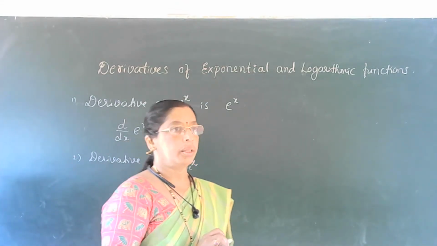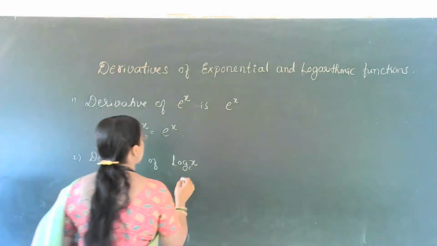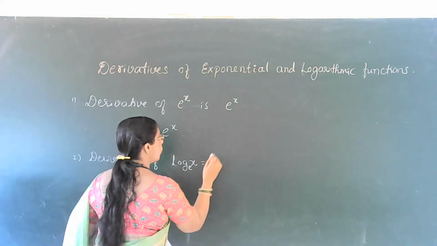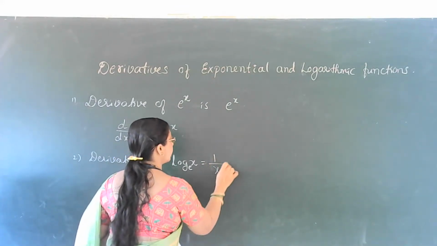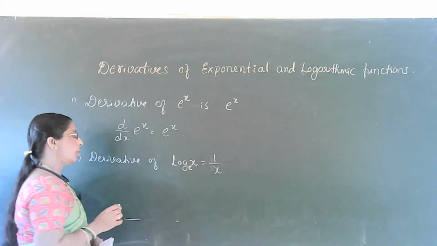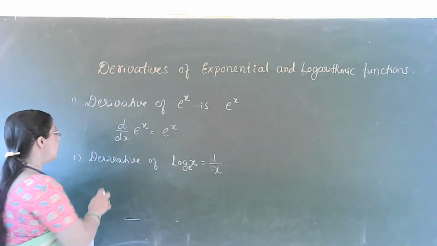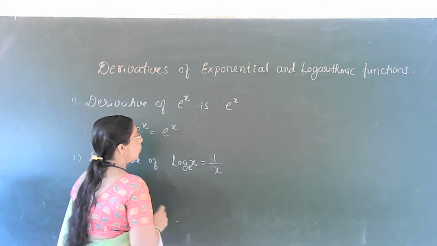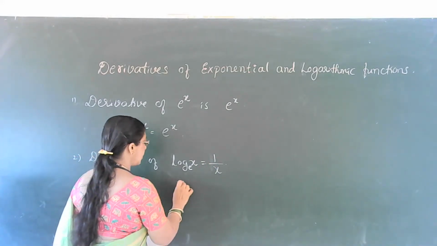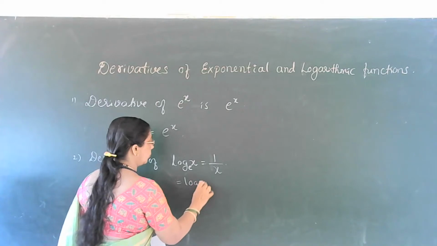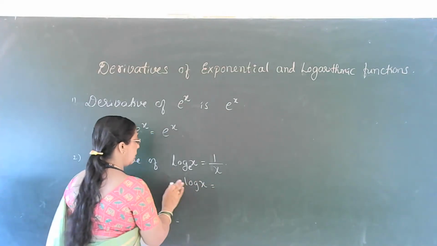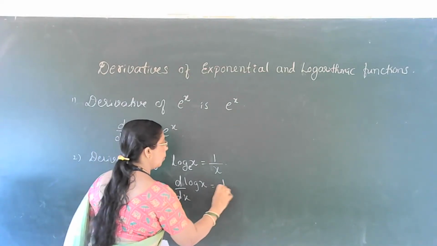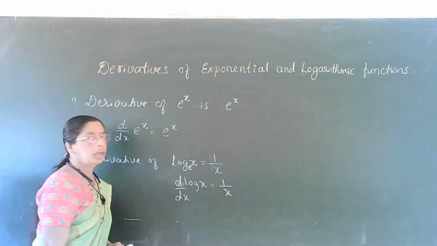The derivative of log x is equal to 1 by x. d by dx of log x is equal to 1 by x.